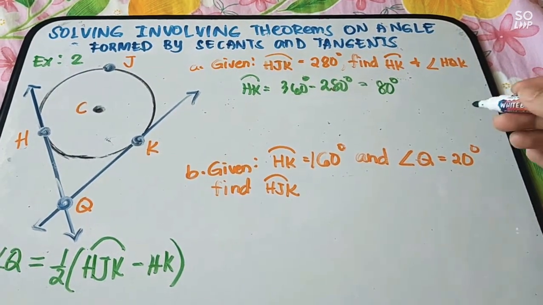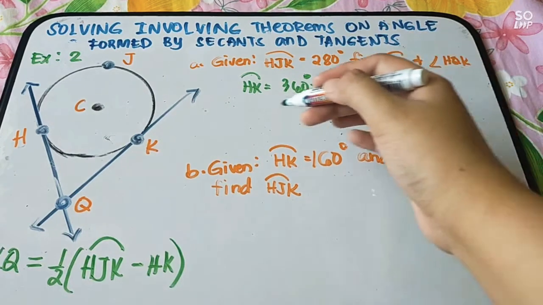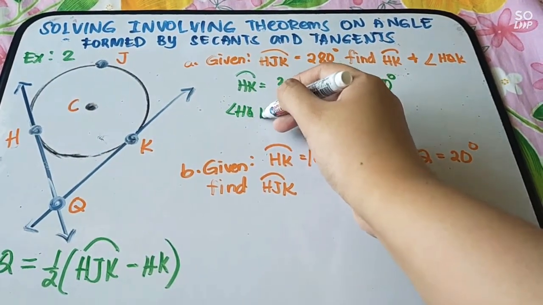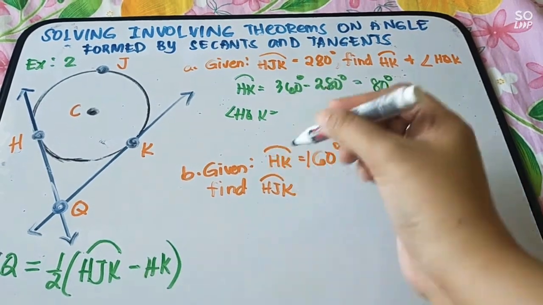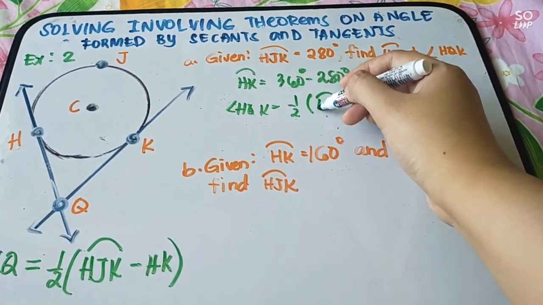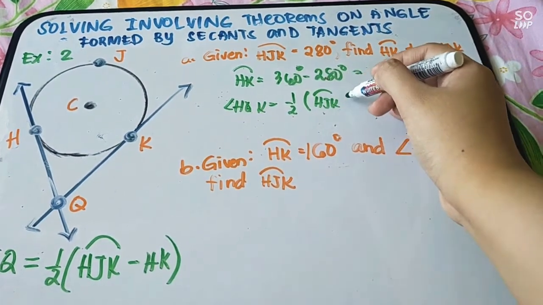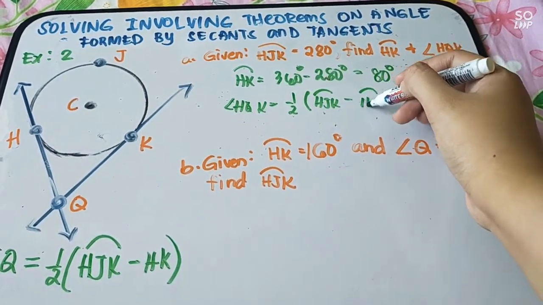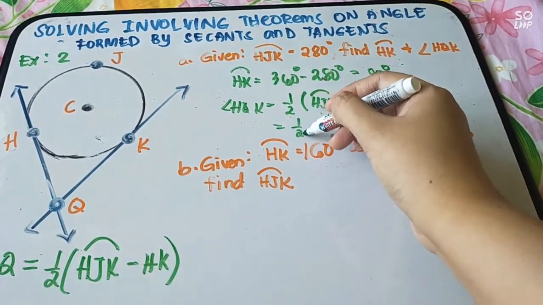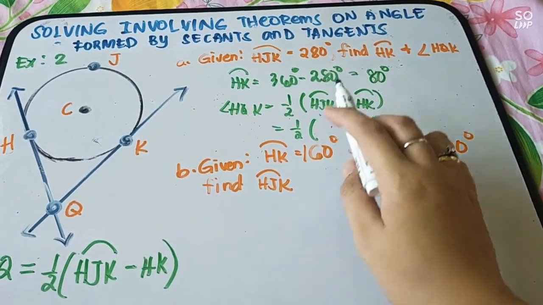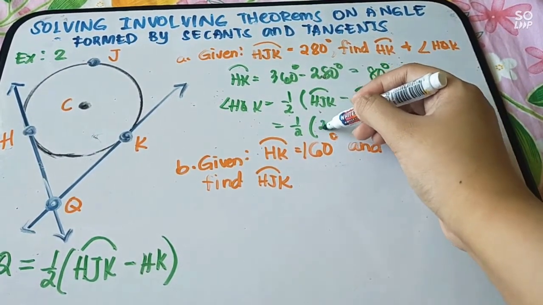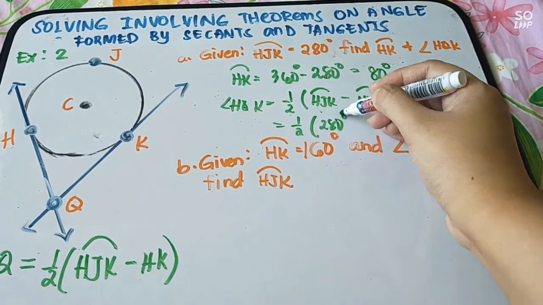Now, let us have angle HQK or angle Q. So, for angle HQK or angle Q, it is equal to 1/2 of arc HJK minus arc HK. So, it is equal to 1/2 of ang ating arc HJK, which is equal to 280 degrees. Change mo lang.